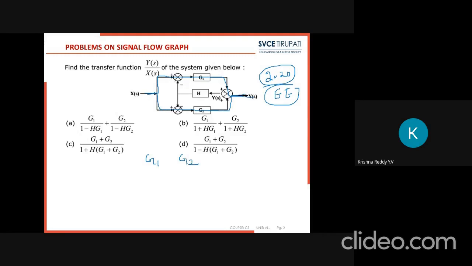We are having loops, G1 H, and one more loop L2 is G2 H. They both are having negative sign.